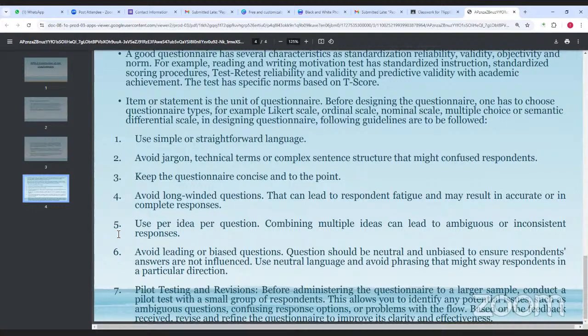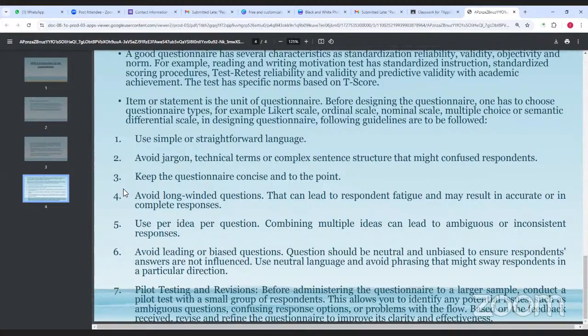One side is the inter-item correlation. If the inter-item correlation is high, that means the total score is based upon the sum of the item weightage.